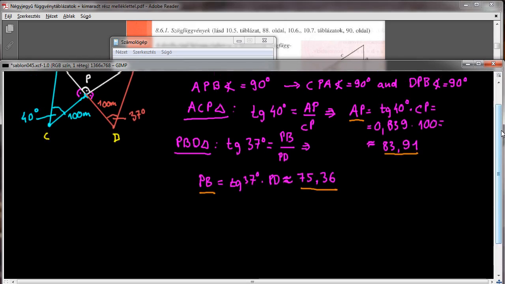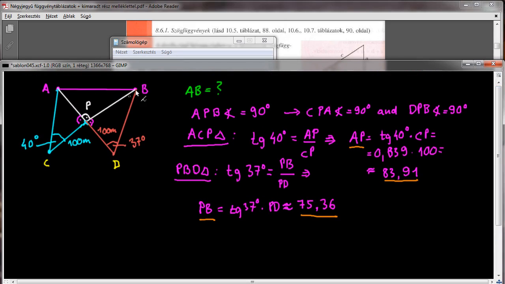Okay, so what do I know now? In this triangle, I know this side, and I know this side, and I'm looking for this side. But I know that this triangle has a right angle. So how can I calculate the longer side then? With the Pythagoras theorem, right? Okay, so with the Pythagoras theorem, I now change colors just to make things a bit more colorful.